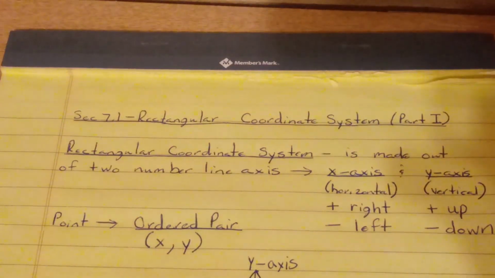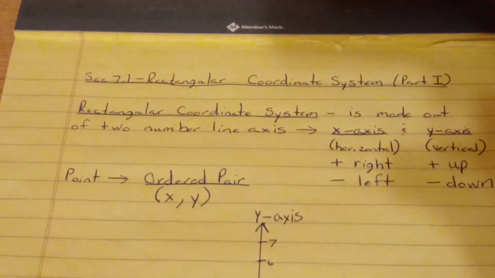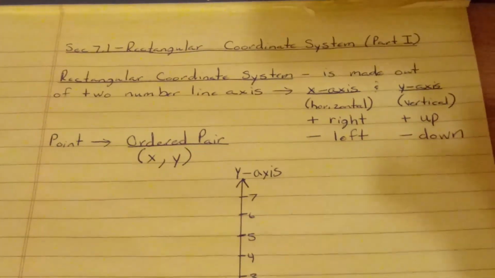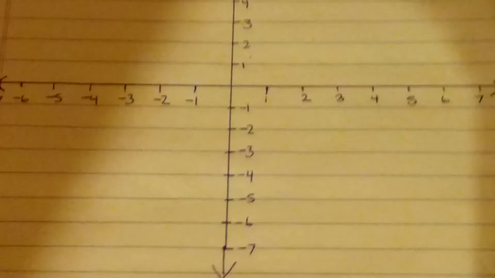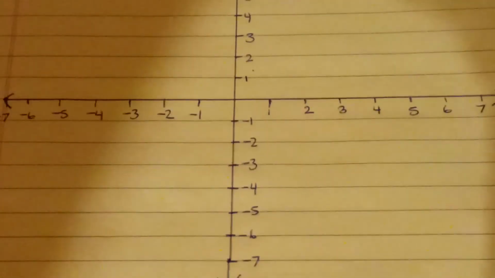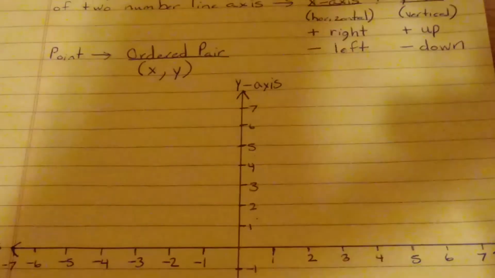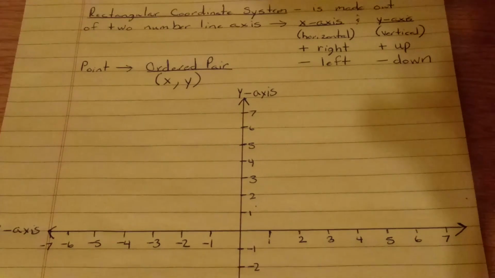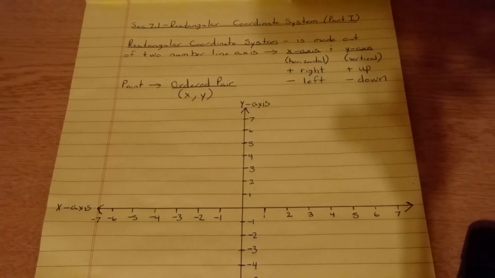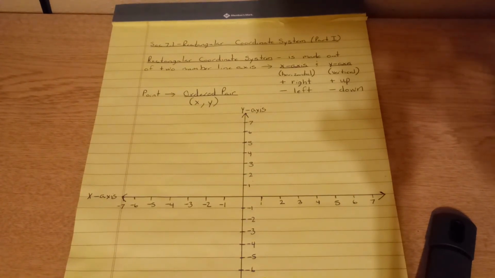You're going to have to either use graphing paper or draw a graph yourself. Let me pan down here and make it a little bit smaller so everything fits in here. All right, that's about good enough.